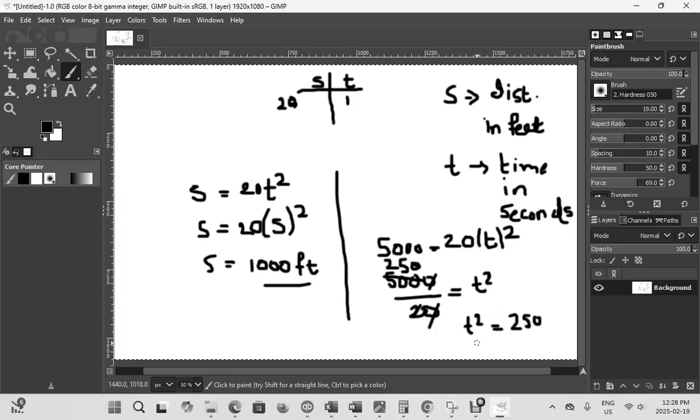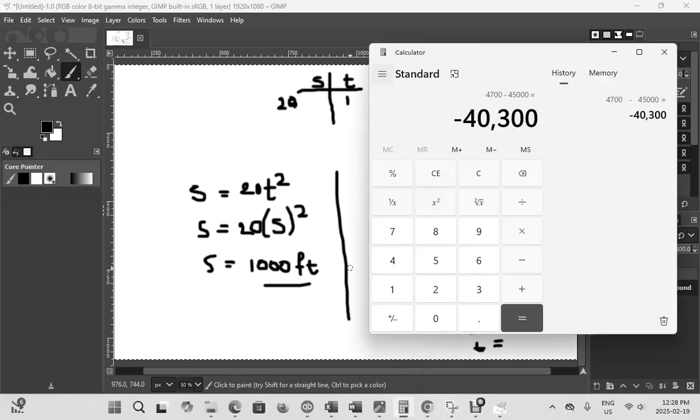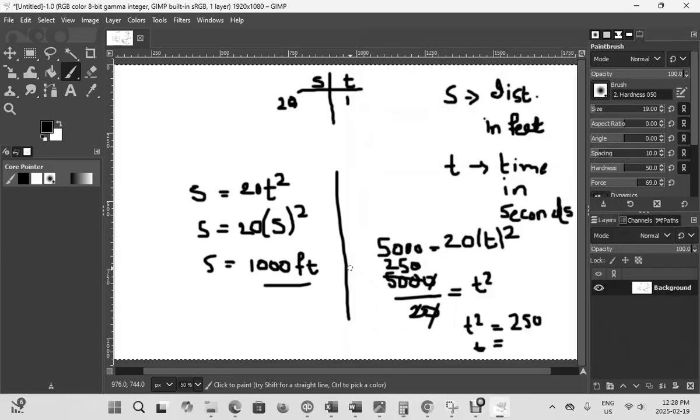Which also means that T will be the square root of 250. We can use our calculator over here. The square root of 250 is 15.81. So T is 15.81.